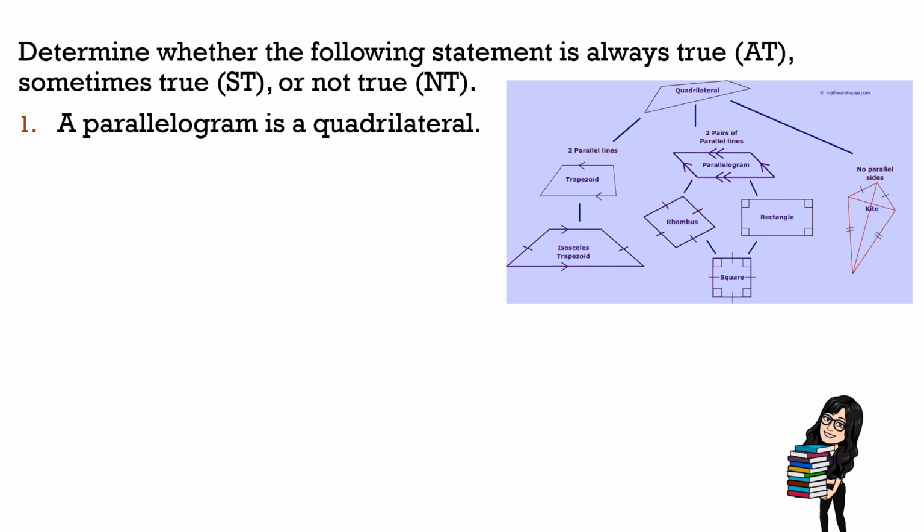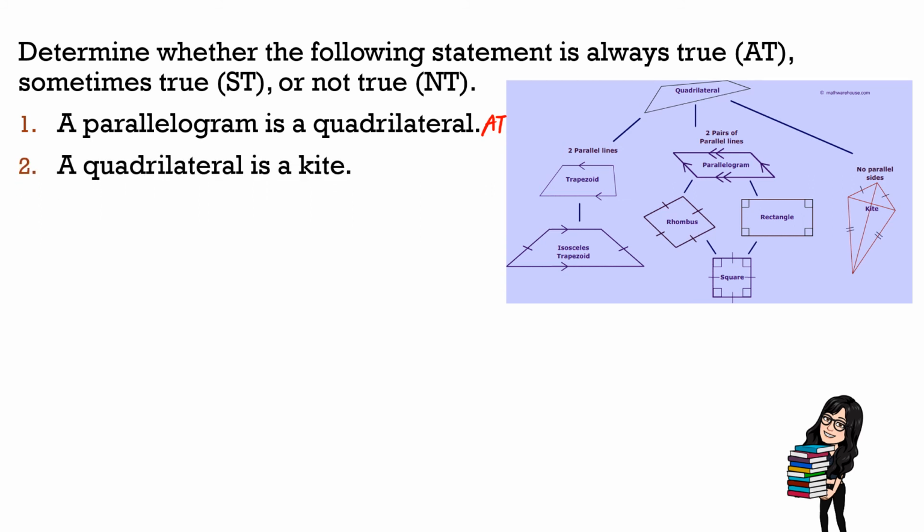Since a parallelogram is a quadrilateral, the arrow is going up from parallelogram to quadrilateral, therefore, we can write this as always true. So the technique is, if the arrow is going up on the diagram, it is always true. If it is going down, it is sometimes true.